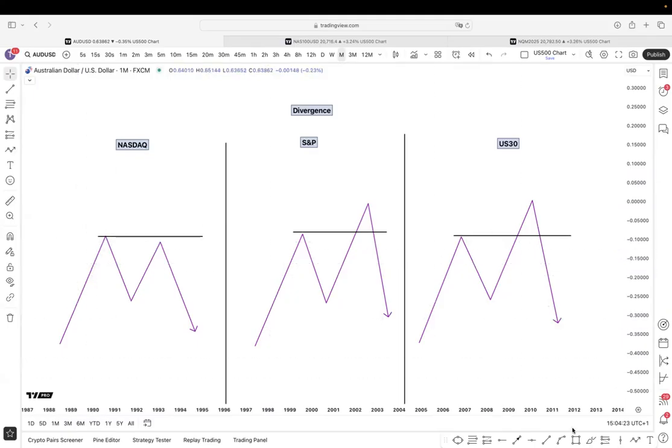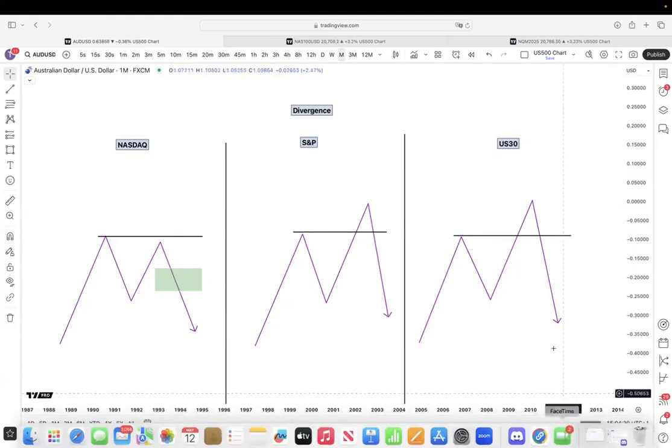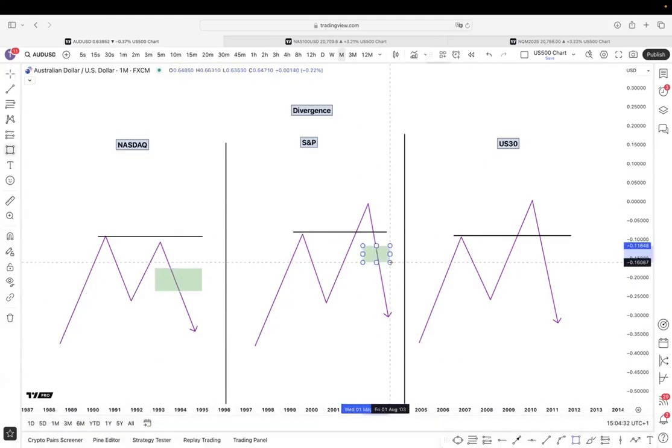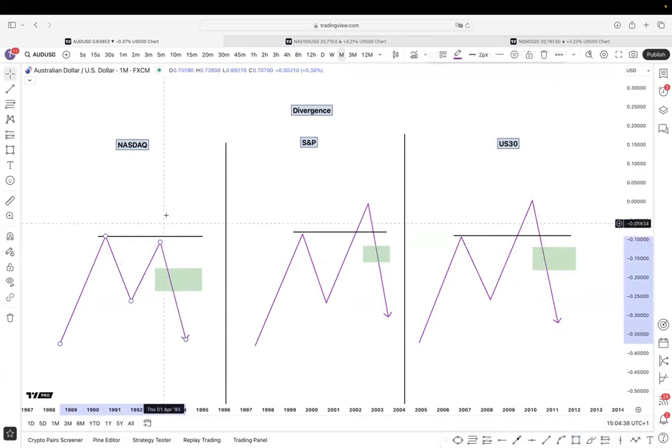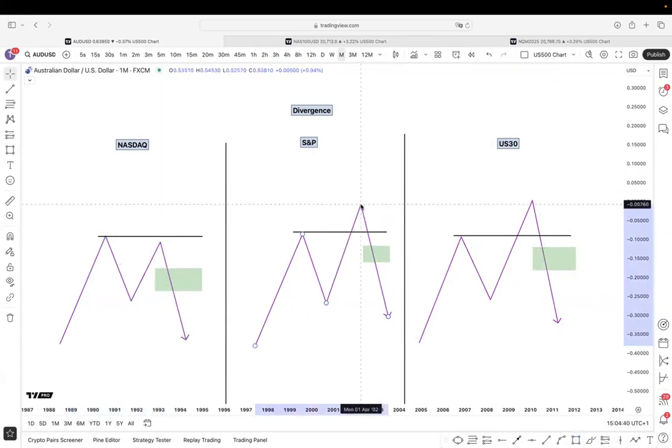Now, if we find an entry, and the entry can be anything, I don't want you to worry about the entry right now, but if we find an entry on any of these three pairs, essentially you've got a play after you see this particular area of divergence playing out.